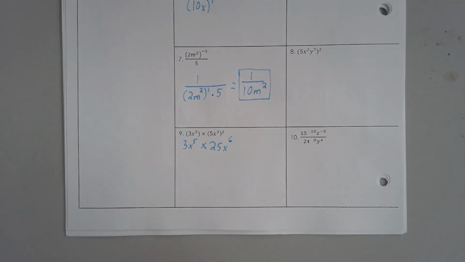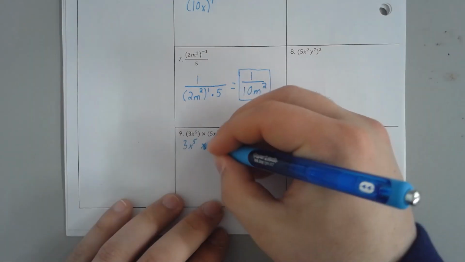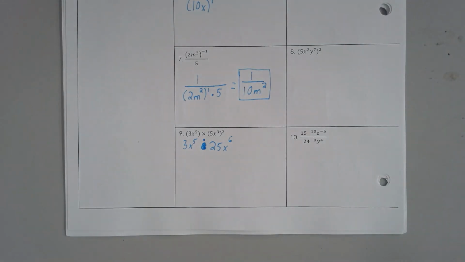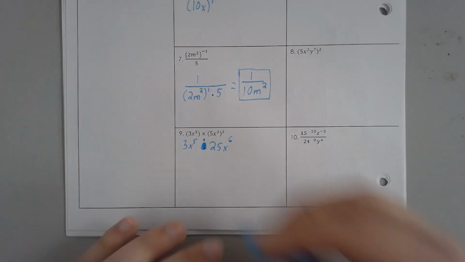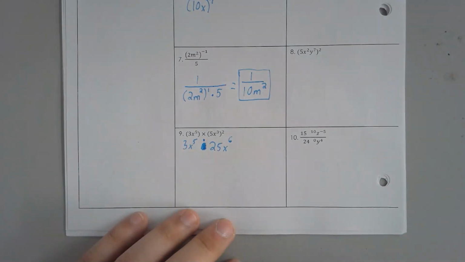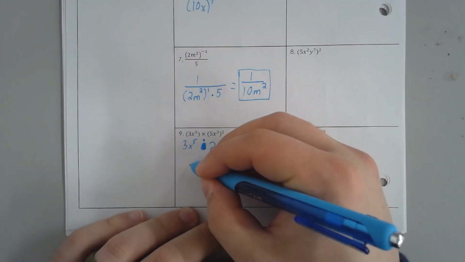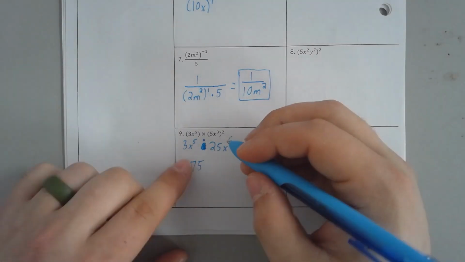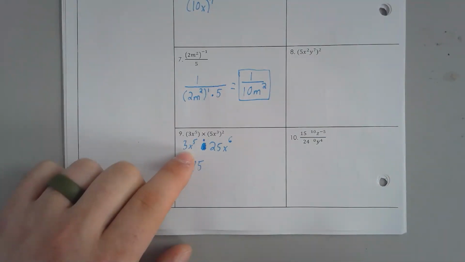That x sign for multiplication, I'll put a dot. Alright, so 3 times 25. 75. So we're multiplying now. We're using the multiplication property.